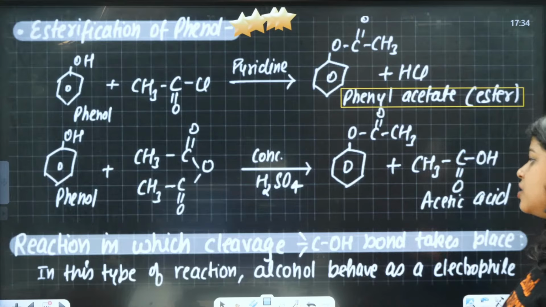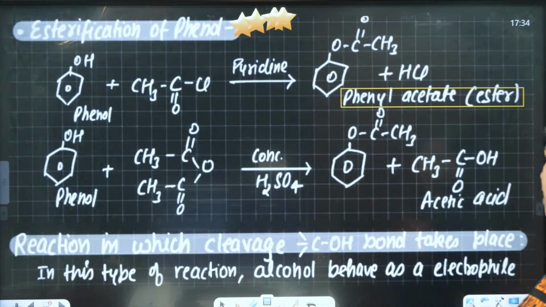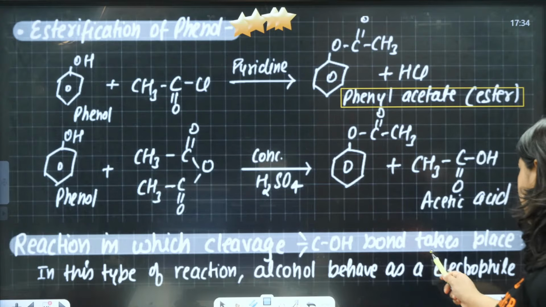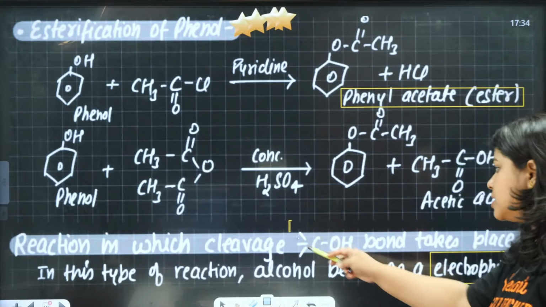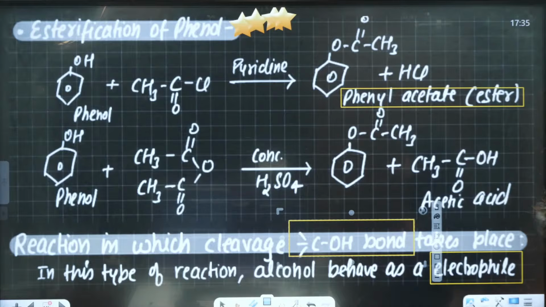Clear? So in the reaction in which the cleavage of the C-O bond takes place, in this type of reaction alcohols behave as an electrophile. If the bonding has been taken like this, this is what we are going to get. Clear, everyone, with the esterification of phenol?